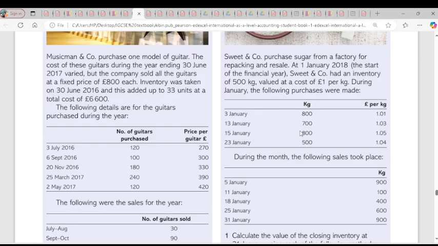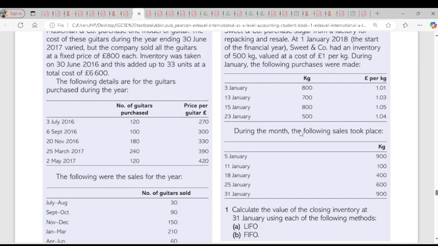Sales in July, August. You go down, July, August, we have 30. The unit is 200, multiplied by 3, that's 600. You add it up. That's 600 for the sales in July.